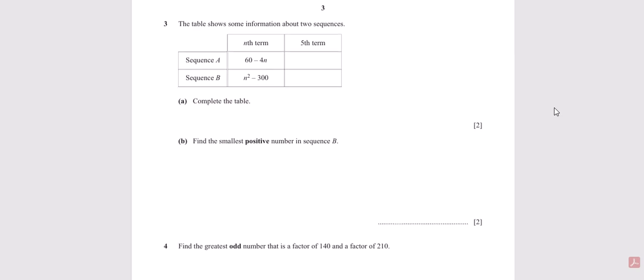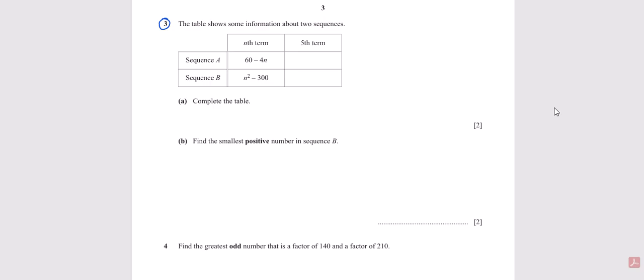Question number 3. The table shows some information about two sequences. Sequence A, the nth term is 16 minus 4n. Find the fifth term.